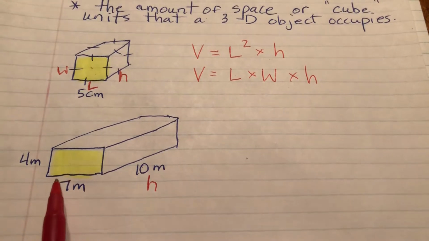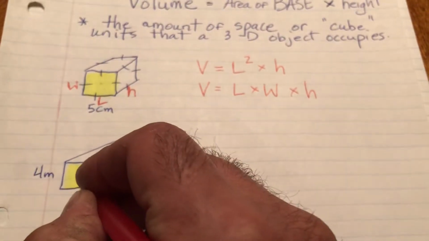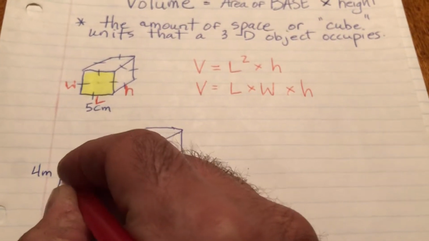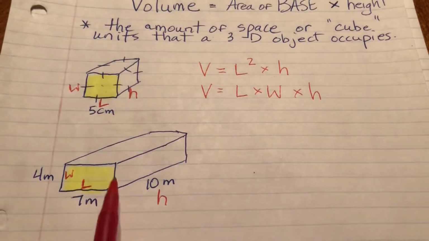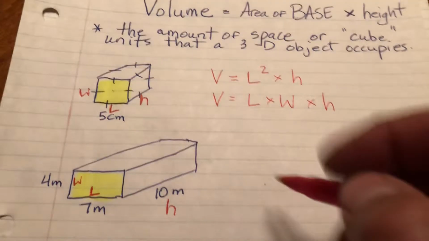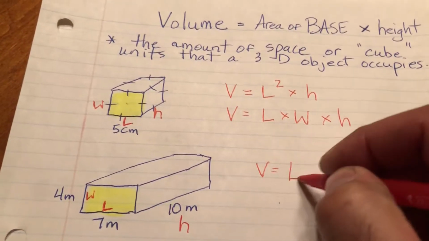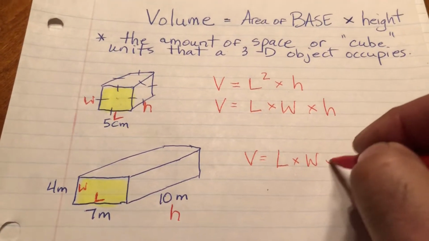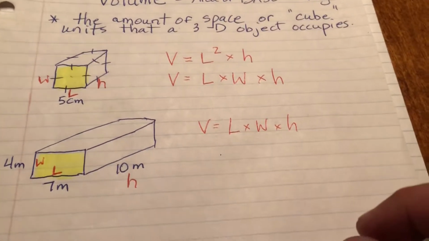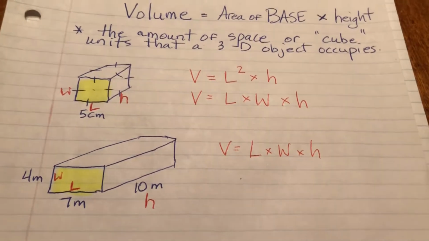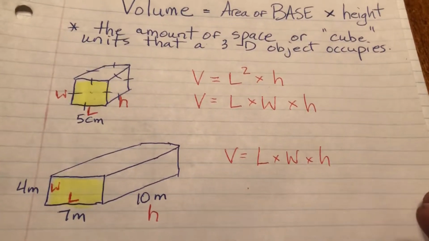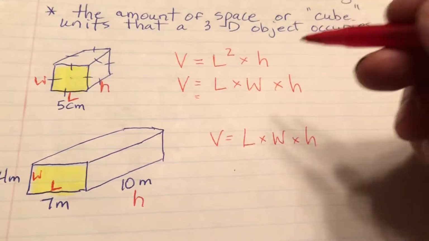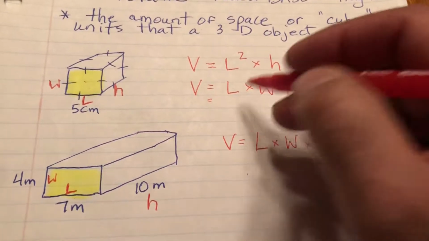For this one, it's the same idea. We have L, we have W. To find the area of the yellow base, I go L times W times height. So again, the formula that works really well is L times W times H. So let's do these two first because they're the easiest. They're really super easy to do. So basically, this is a cube, so every side is the same.